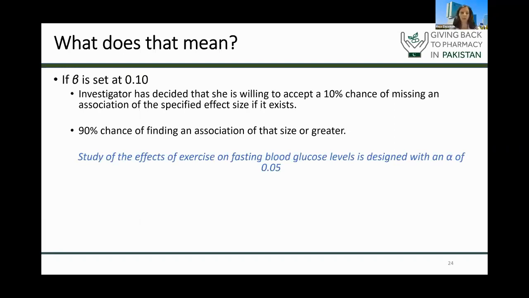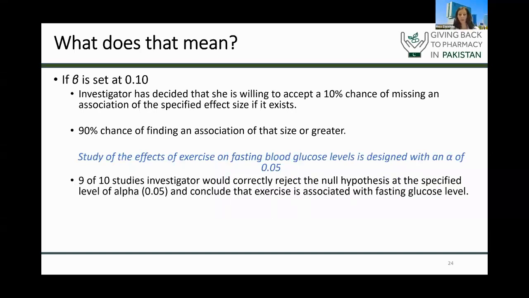So back to the example, the study of the effects of exercise on fasting blood glucose level with an alpha of 0.05 and a beta of 0.1 means in 9 of 10 similar studies, the investigator would correctly reject the null hypothesis at the specified level of 0.05 and conclude that exercise is associated with fasting glucose levels.